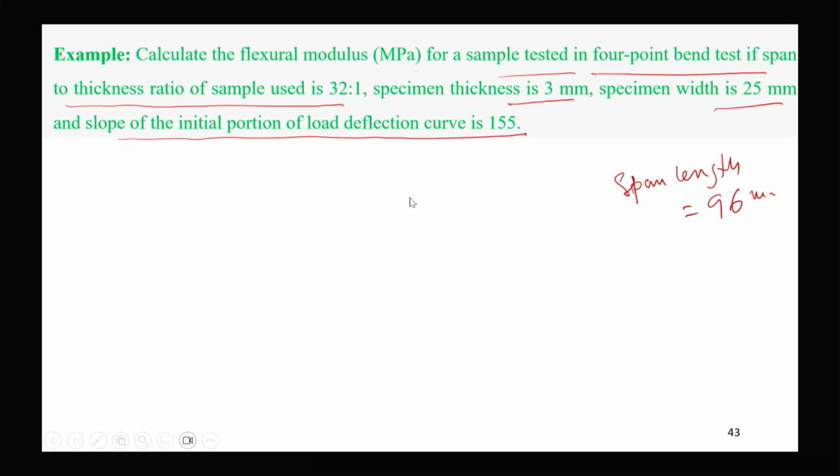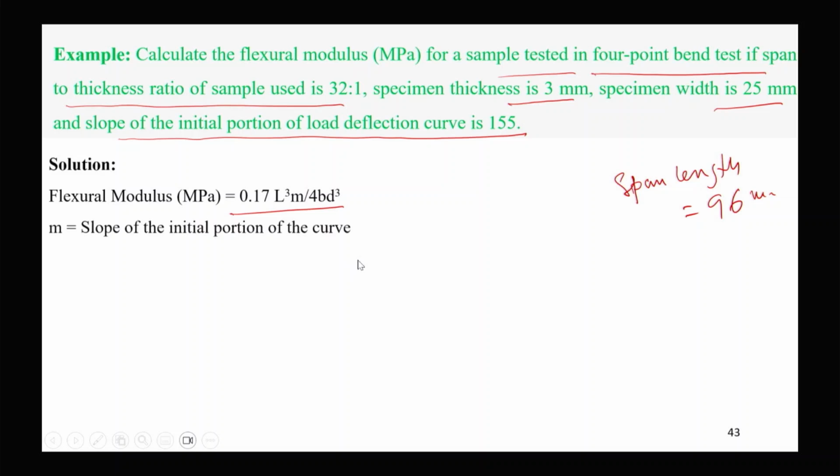Flexural modulus is asked. This is the relationship: 0.17 L cubed M divided by 4BD cubed. The slope M, the slope of the initial portion, is given as 155.